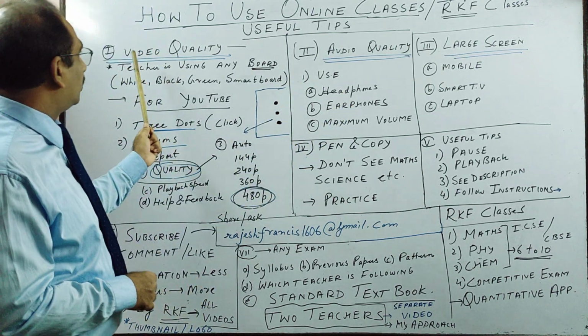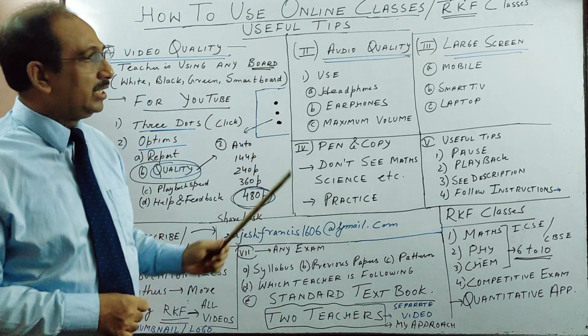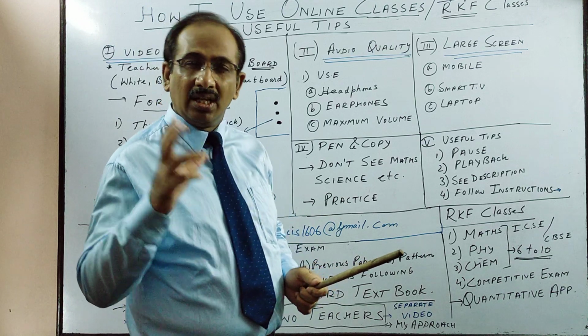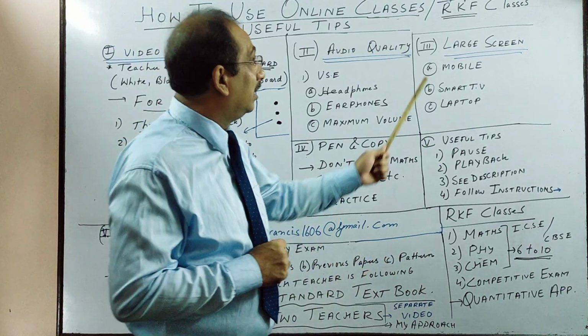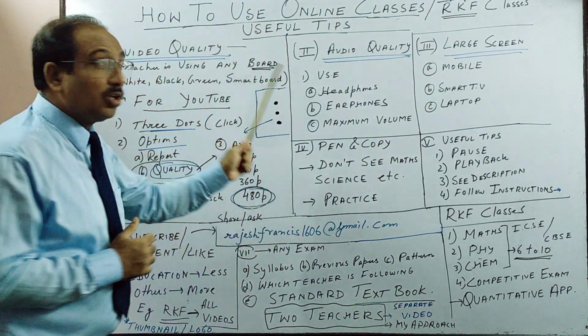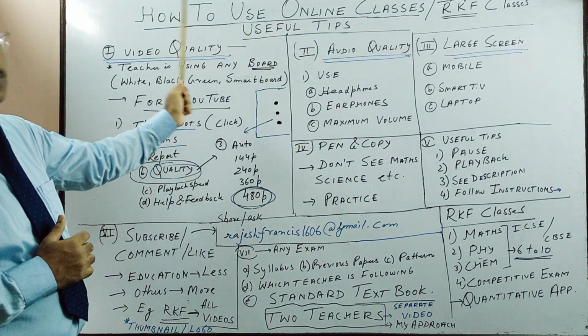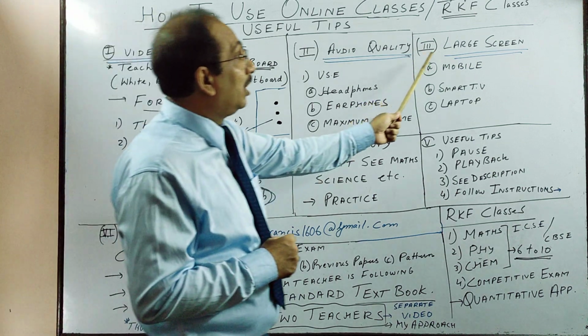So the second thing was about video quality and audio quality. The third thing is a large screen. I also have 4 mobiles, some are older versions with smaller screens. Use a large screen for study, because you remember in the classroom we have a big blackboard or green board or smart board. So try to go for a large screen. How?